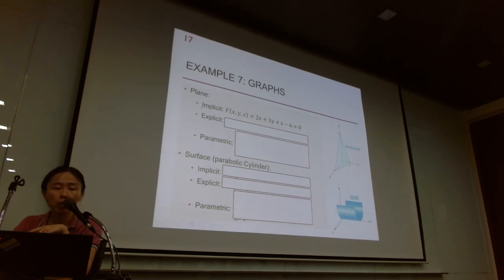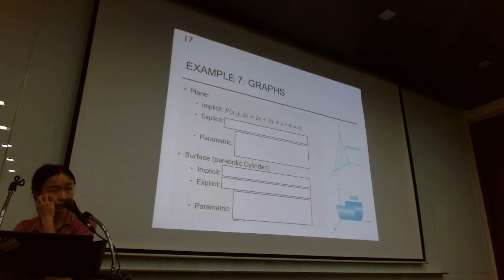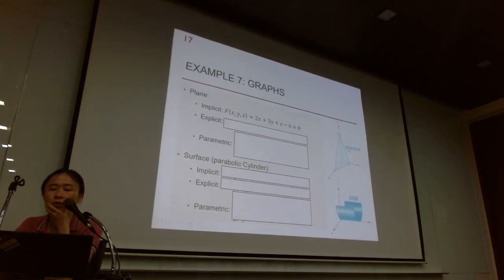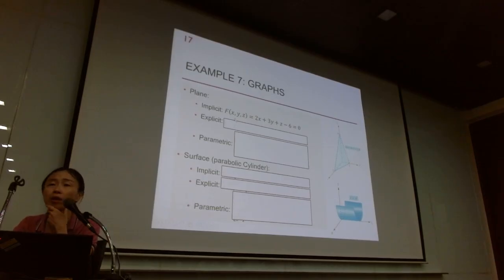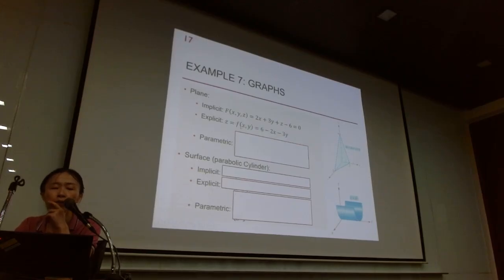You can put the 6 on the right-hand side instead of subtracting 6. So there are two ways to write it. For explicit, you can pick any variable. Usually I pick the one whose coefficient is 1, which is what I like, but if you choose another, it's fine. It's not necessary to be z, but here you choose z: z equal to f(x,y), then you have 6 minus 2x minus 3y.